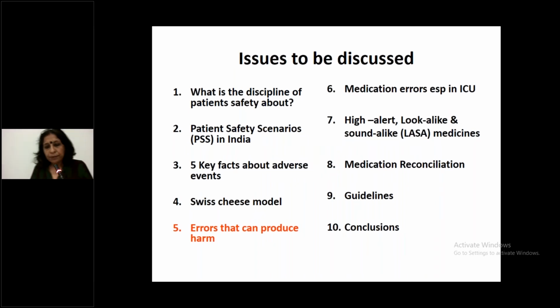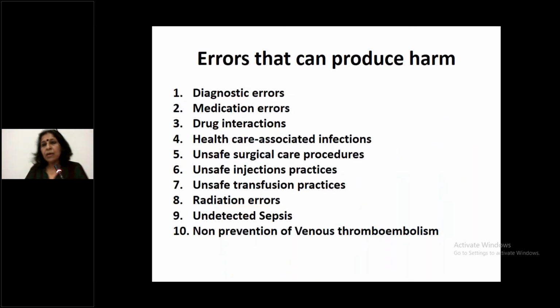Now, errors that can produce harms, how do these errors occur? They are diagnostic errors, errors of medication, interactions between drugs, of course healthcare associated infections, unsafe surgical procedures, unsafe injection practices, unsafe transfusion practices, radiation errors and leakage, and undetected sepsis, very important in today's scenario.